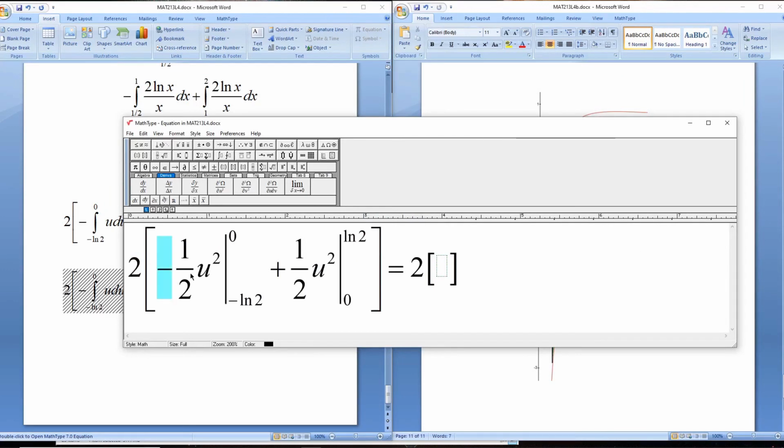Let's do the first antiderivative here. So we plug in 0 first, and plugging 0 into this will just get us a 0. And remember, it's f of b minus f of a. So now we're going to plug minus log 2 into this.